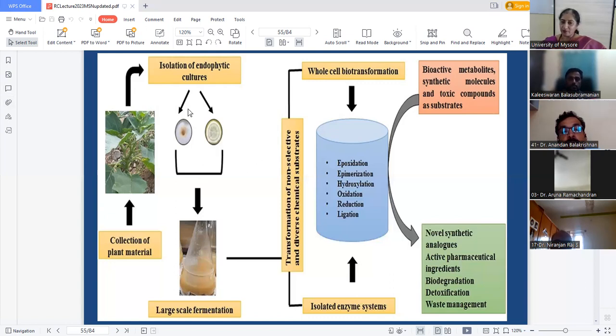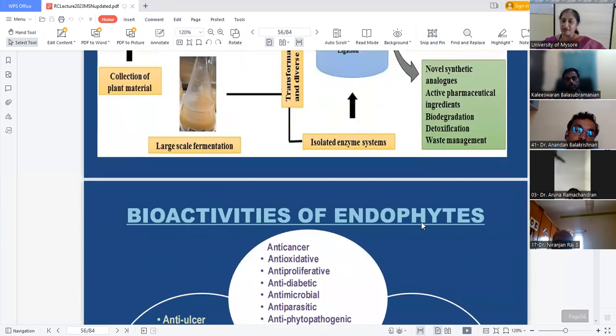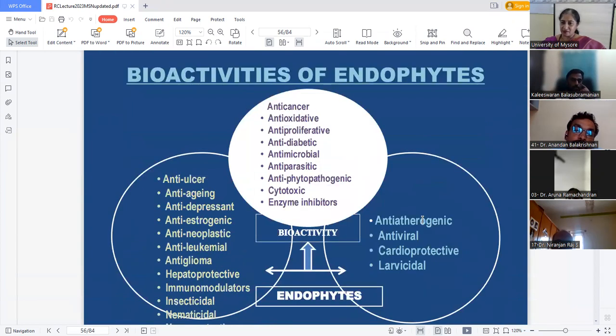So you obtain the cultures, then catalog them. Then you have microbial fermentations, where you can use elicitors to produce a compound or take them for higher level application. So that is the endophyte-based technique.